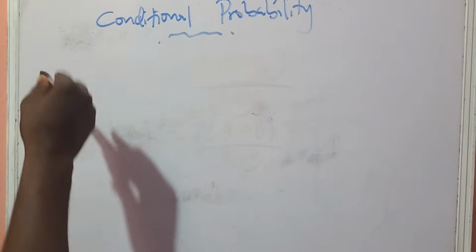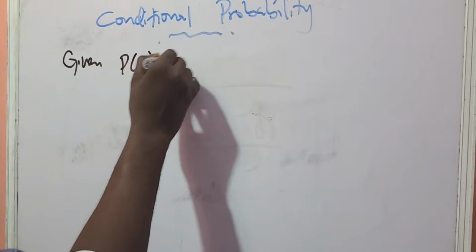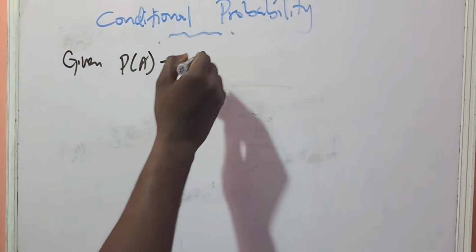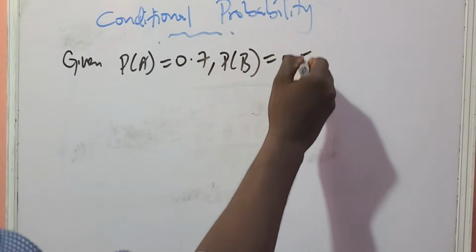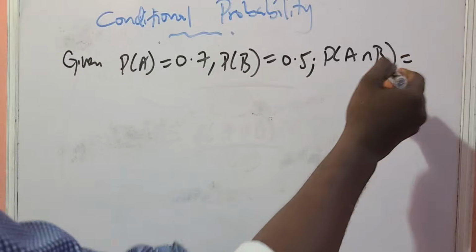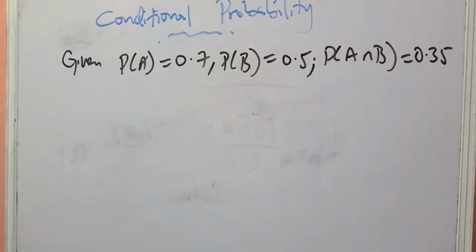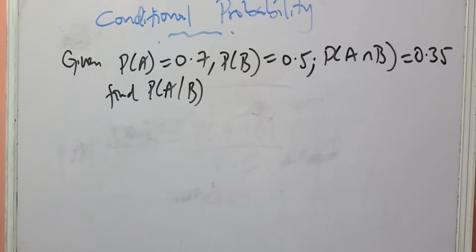So given that the probability of A is equal to 0.7 and the probability of B is equal to 0.5 and the probability of A intersection B is equal to 0.35, the question is find the probability of A given B. Do we have an answer?